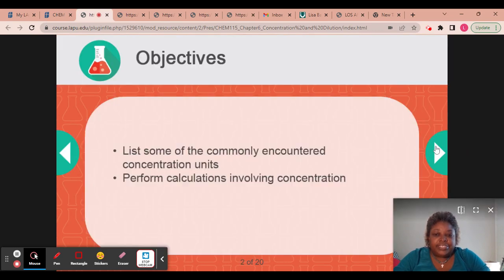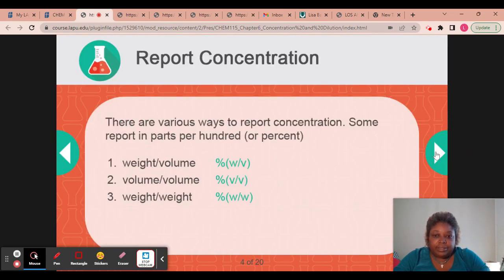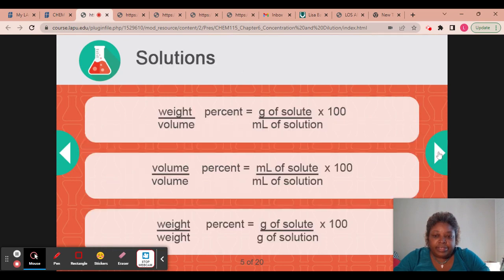All right, so for concentration and dilution, there are some calculations here. And so we have weight, volume percent, and weight percent, and these are the equations that are associated with it. Whatever's on top, if weight is on top, it would be the grams of the solute.